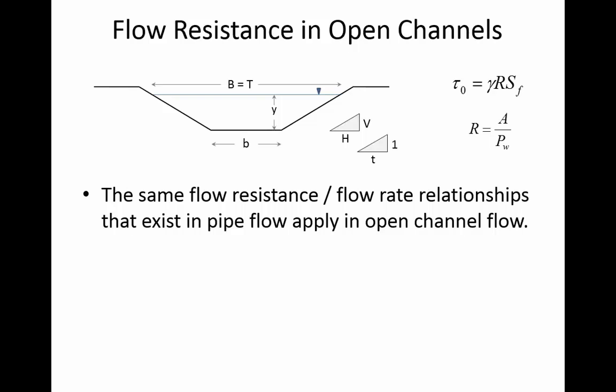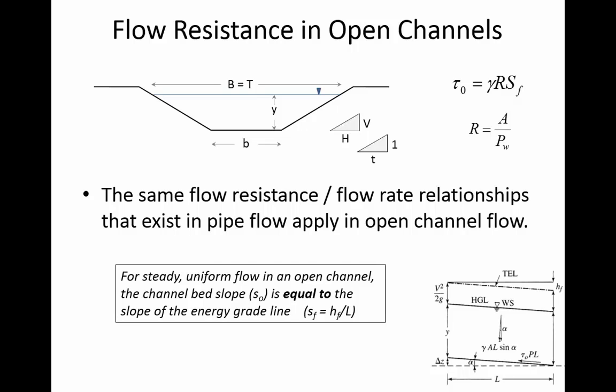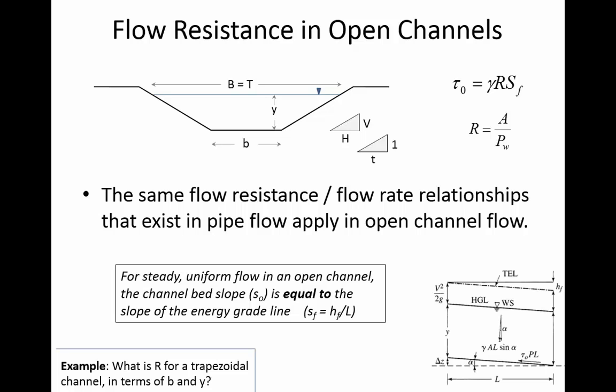Let's look at the area and hydraulic radius and wetted perimeter for a trapezoidal channel. All right, so what is the hydraulic radius for a trapezoidal channel in terms of B and Y? Lowercase b is the bottom width.